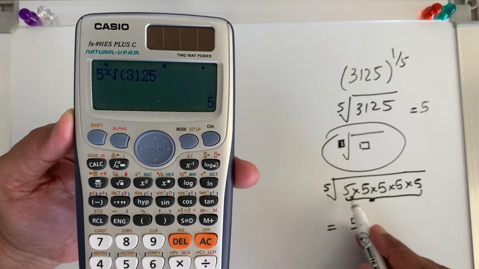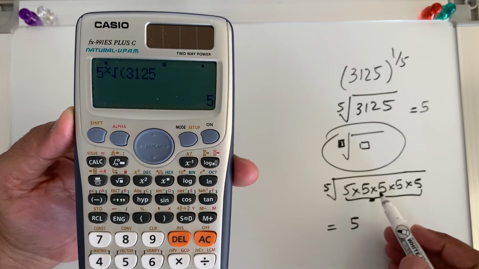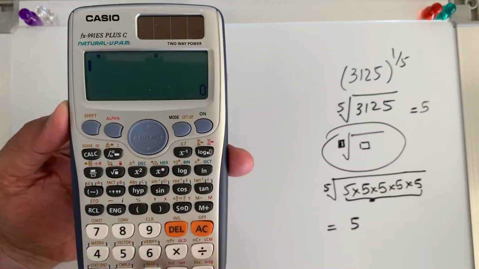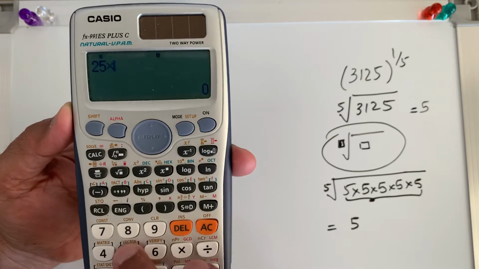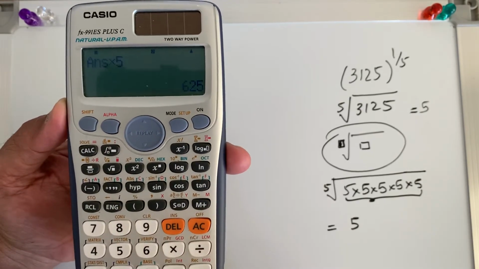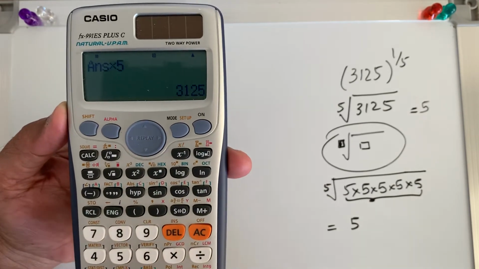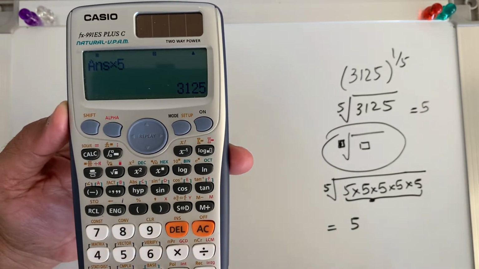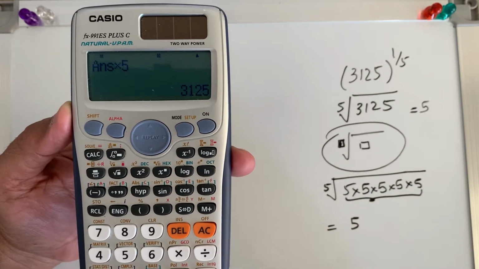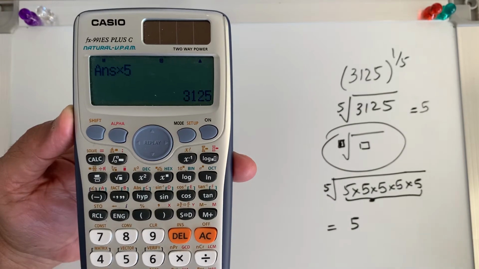If I multiply it, 5 times 5 is 25, times 5 is 125, times 5 is 625, times 5 is 3125. So you learned how to get the fifth root of any number.